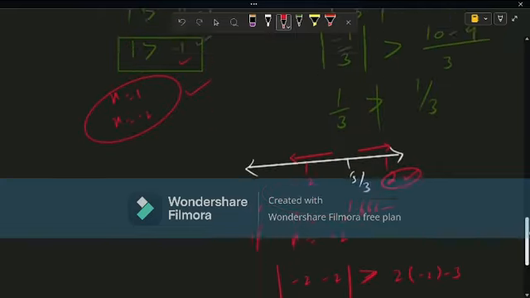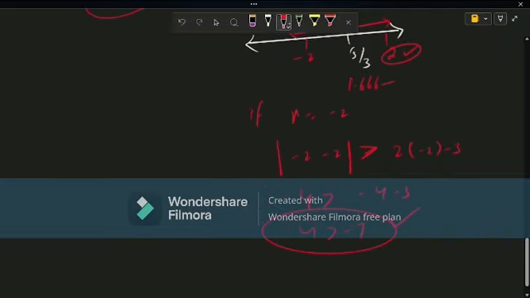Let's choose 2. Instead of minus 2, I have to choose 2. So 2 minus 2 is 0, and 2 times 2 is 4, 4 minus 3 is 1. So here is 1. And the final answer would be 0 is greater than 1.